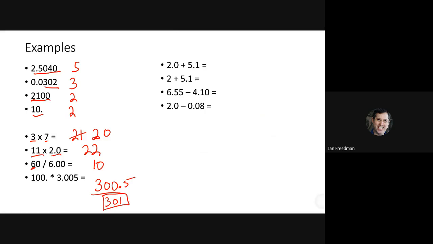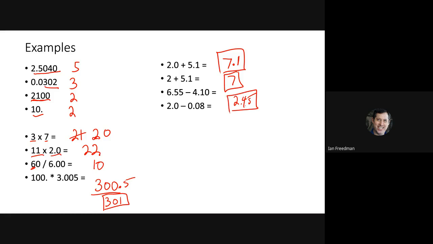Adding together, 2.0 plus 5.1 should add up to 7.1. And they both are to the tenth place. That's perfectly good. 2 times 5.1 is 7.1 again, but it's only significant to the ones place, so we're going to just round that to 7. 6.55 minus 4.10 is 2.45.